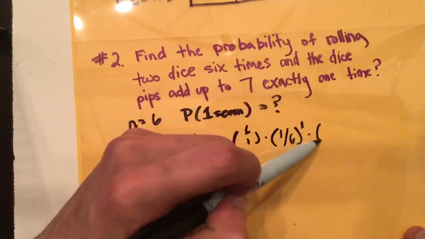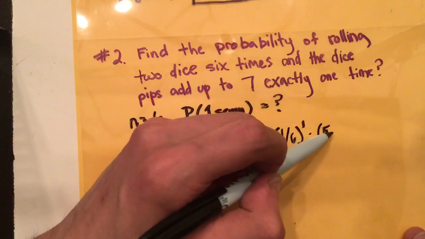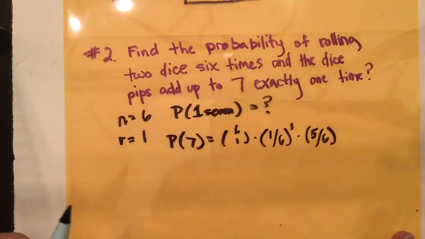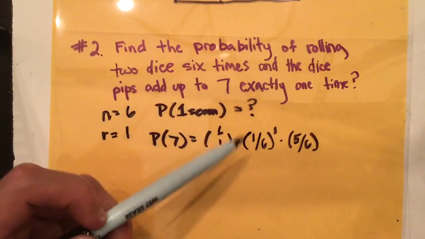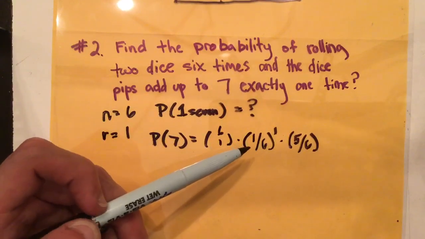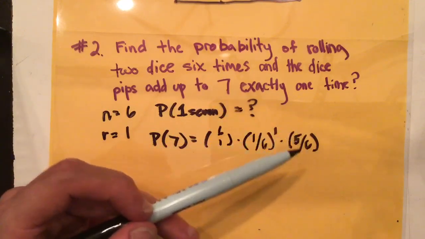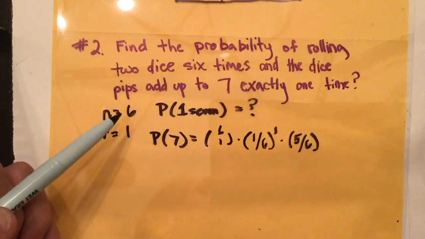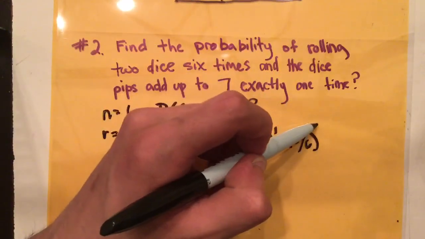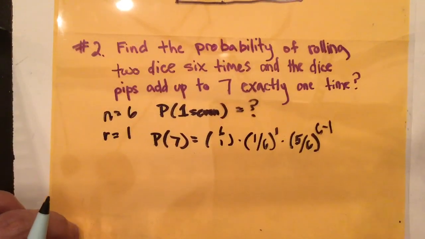Then we multiply that by the probability of it not occurring, which in this case is going to be 5 out of 6. If you're wondering how I got that, the probability of it occurring is 1/6, so the probability of it not occurring is just 1 minus 1/6, which ends up being 5/6. And since we are doing 6 rolls total, it's going to be n minus r, which is 6 minus 1, which ends up just being 5.